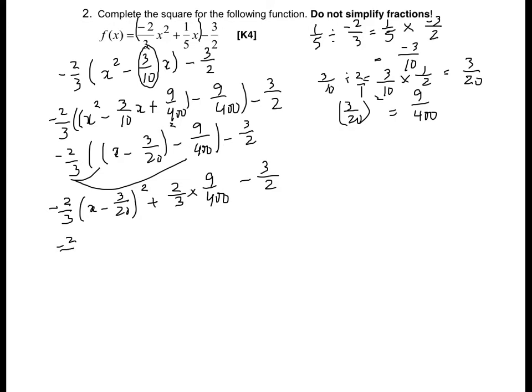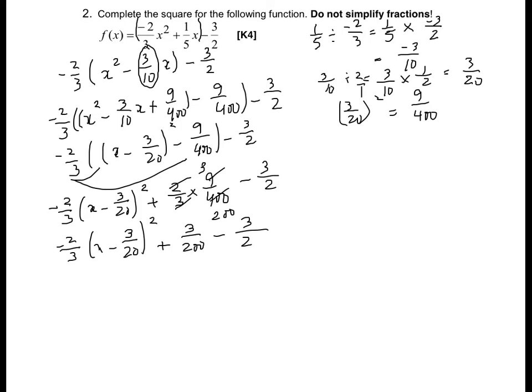This is negative 2 over 3 times x minus 3 over 20 squared. Now this 2 goes with 400, gives you 200. 9 goes with 3, gives you 3. So this is 3 over 200 minus 3 over 2.